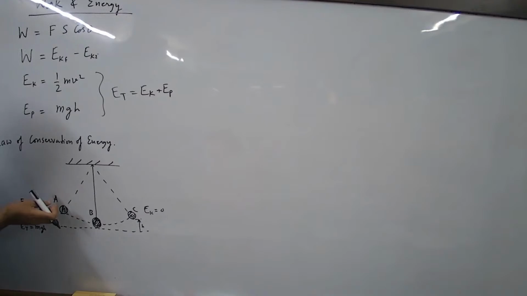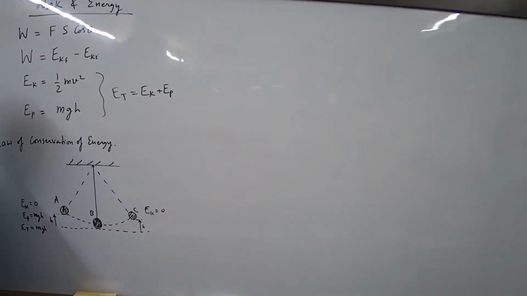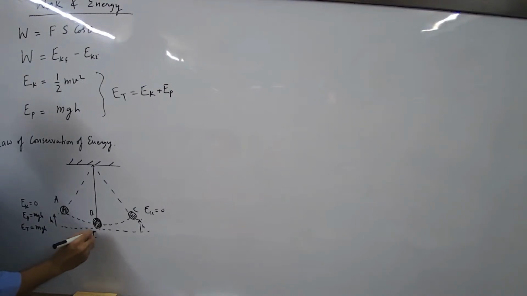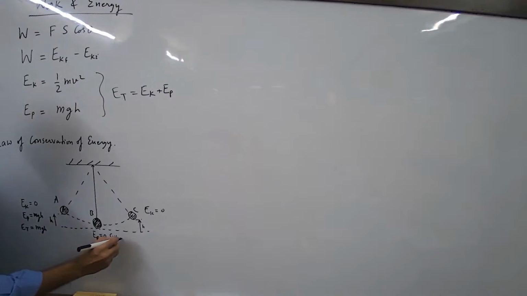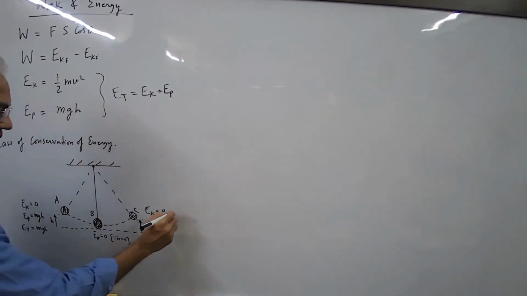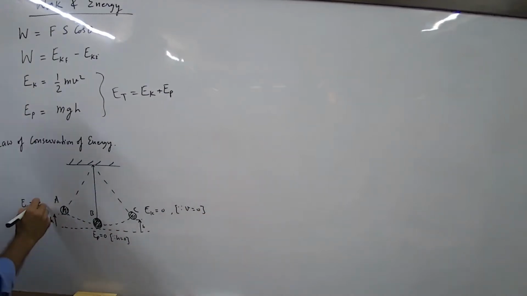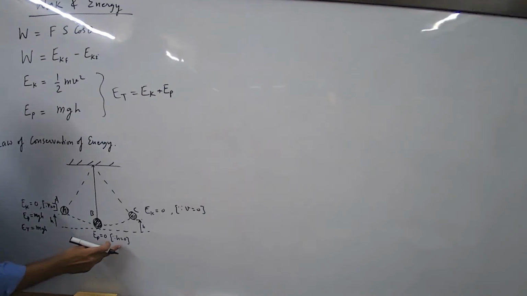Now, when this bob travels through B, what is the h now? h is 0. If h is 0, then potential energy must be 0 here, since h equals 0. Likewise here, since v is equal to 0. Here also, since v is equal to 0. Now the potential is 0 because h is 0.